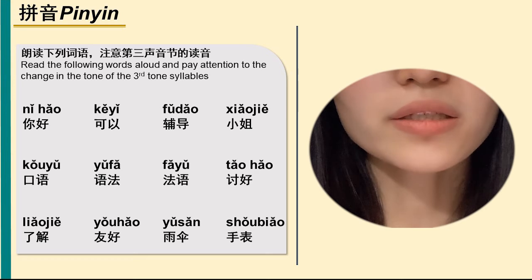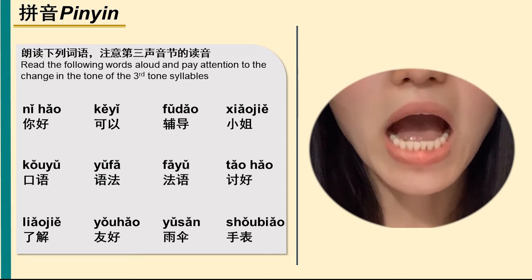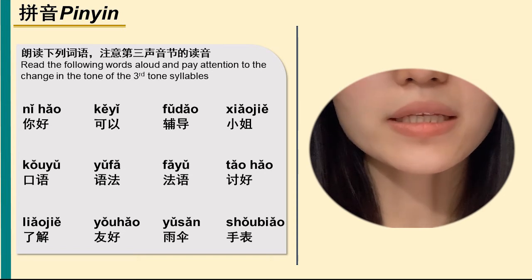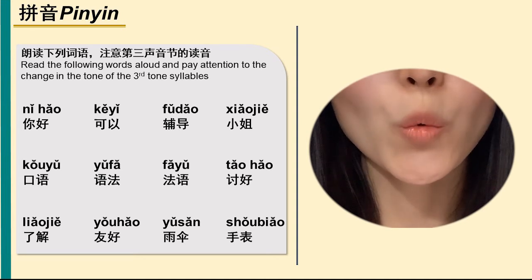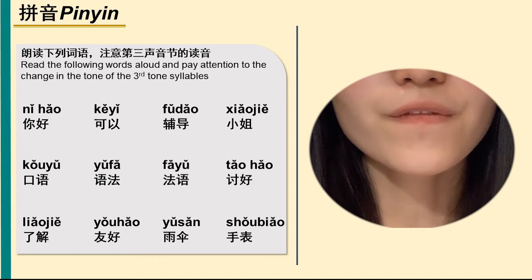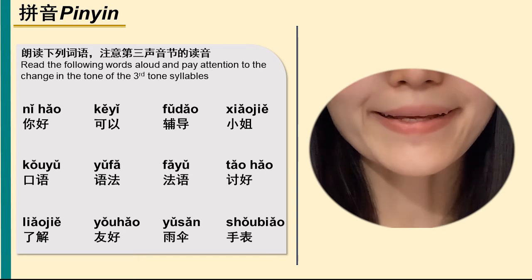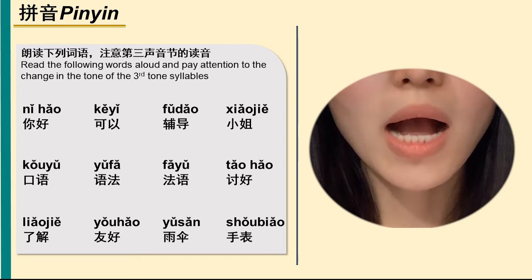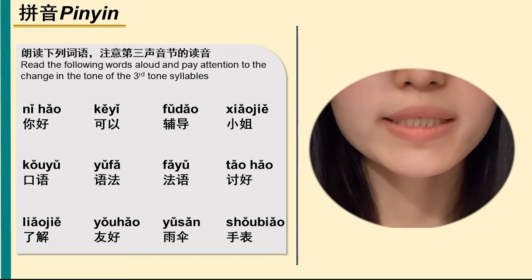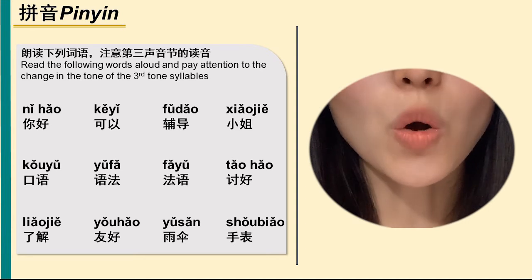You just need to master the rule of the pronunciation. 你好, 可以, 辅导, 小姐, 口语, 语法, 法语, 讨好, 了解, 友好, 雨伞, 手表.